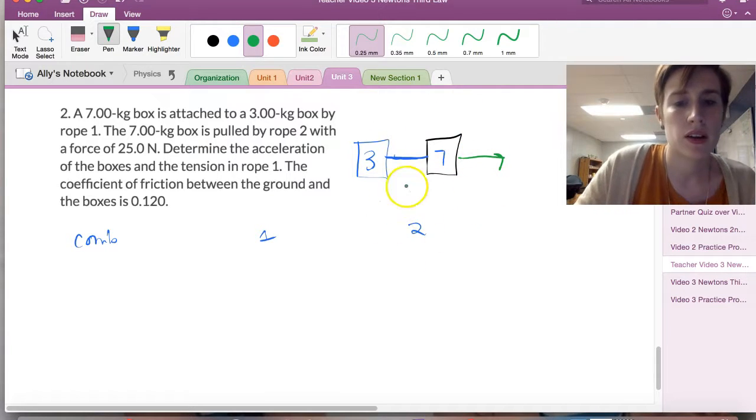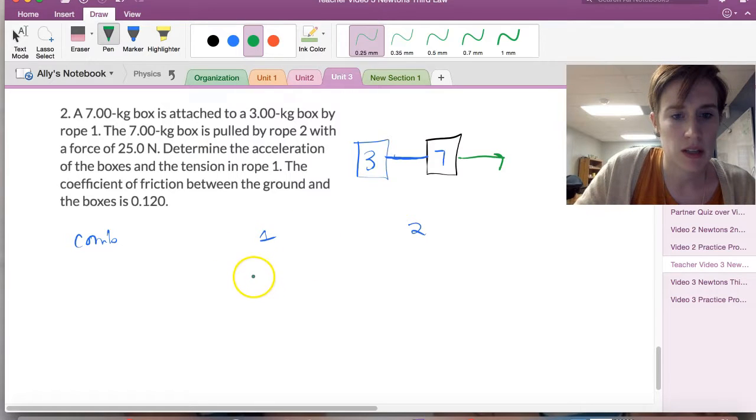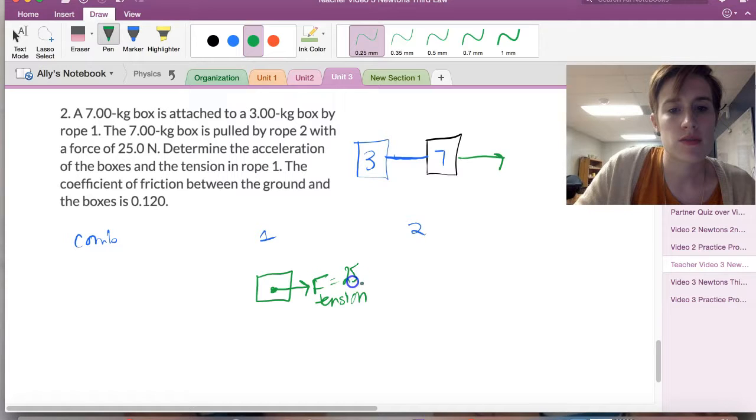Let's break down the diagrams. The first object, which is your 7 kilogram box, okay? It's being pulled with a rope, that's a tension force, with 25 newtons. That's what it says right here. It's being pulled with 25 newtons. We know it's sitting on the ground, so friction's going this direction.